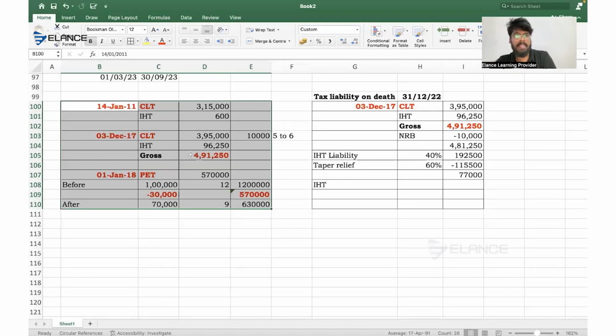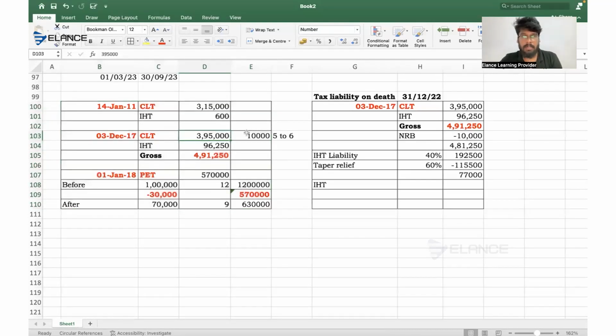The same chargeable amount will be recalculated on death of the taxpayer. At the lifetime, the available nil rate band was 10,000, and on death the same thing is recalculated, so we can use the same nil rate band. The chargeable amount at the time of transfer, the gross amount, will be 491,250.